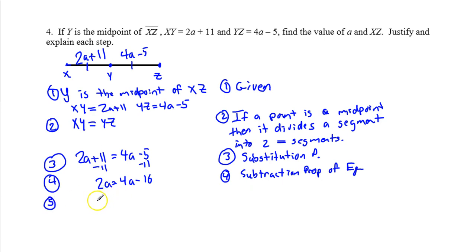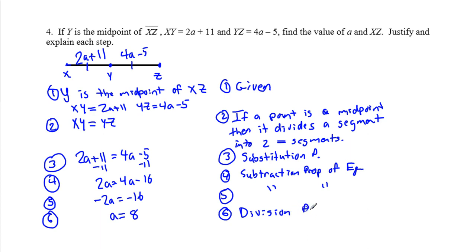You might subtract 4a, and be left with negative 2a equals negative 16. Again, that's the subtraction property of equality. Then we're going to divide by negative 2, and we would be left with a equals 8. How did we get there? That was the division property of equality.